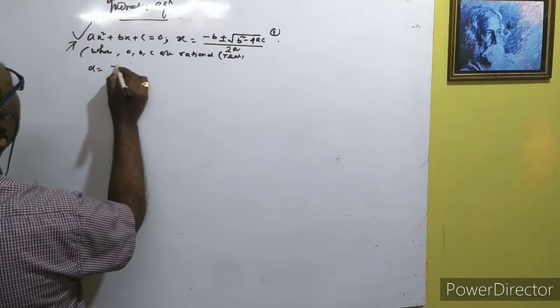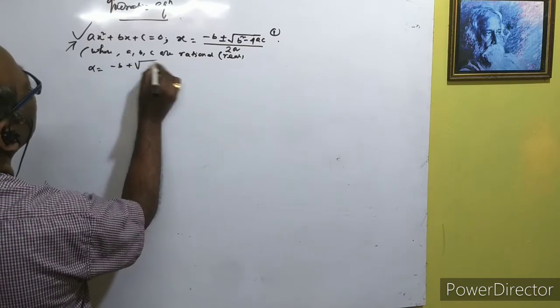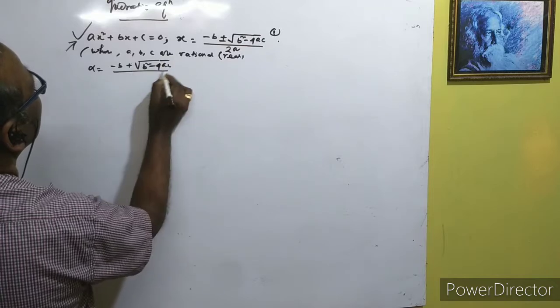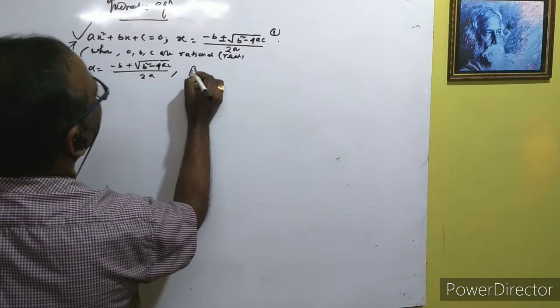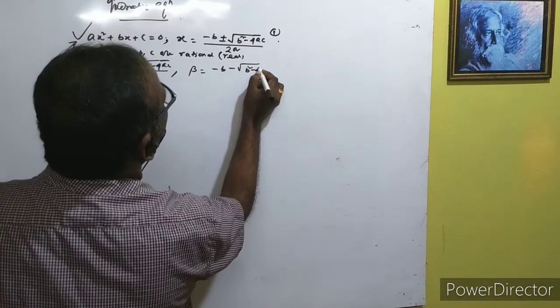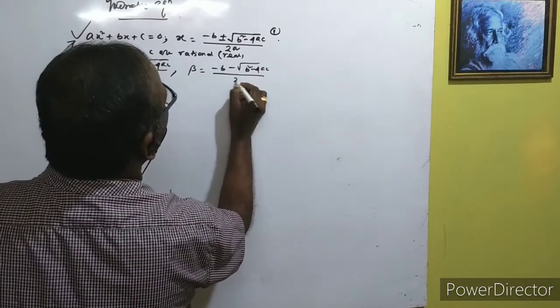So alpha is equal to minus b plus root over b square minus 4ac by twice a, and beta is equal to minus b minus root over b square minus 4ac by twice a.